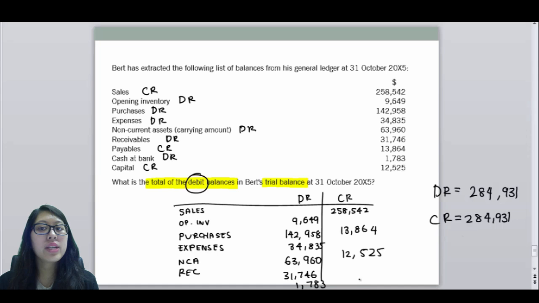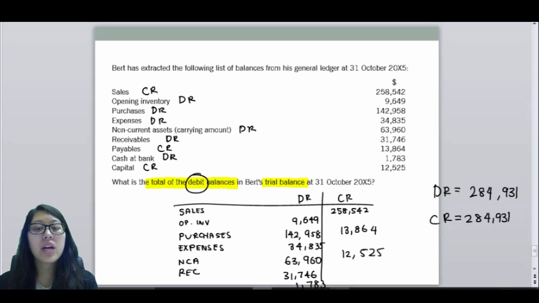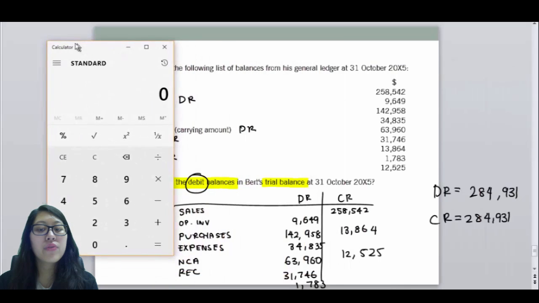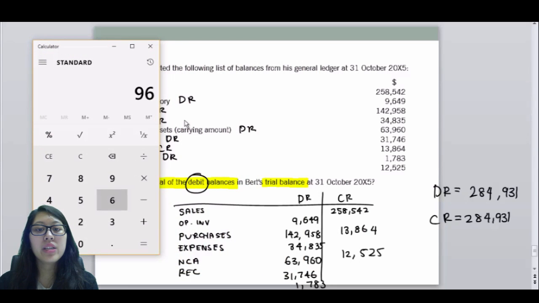If you are able, you can calculate on your own, but I'm going to also calculate to confirm the figure. So 9649 plus 142,958, 34,835 plus 63,960 plus 31,746 plus 1,783.